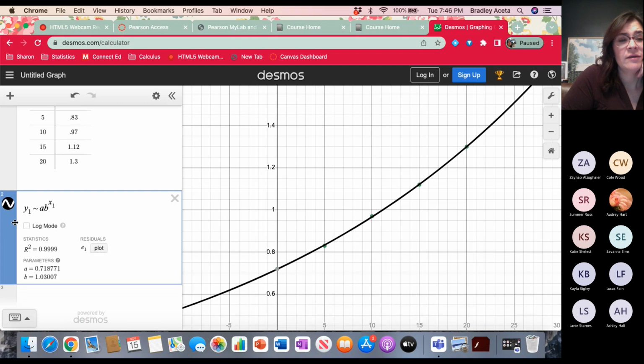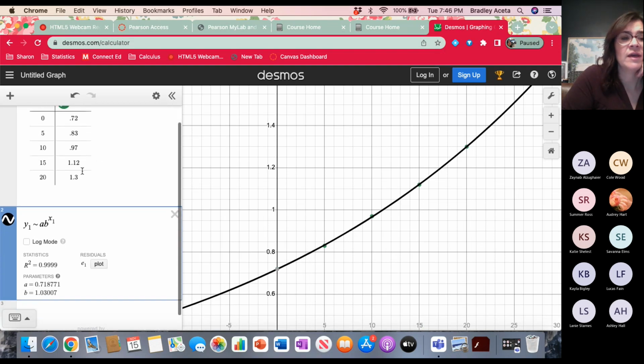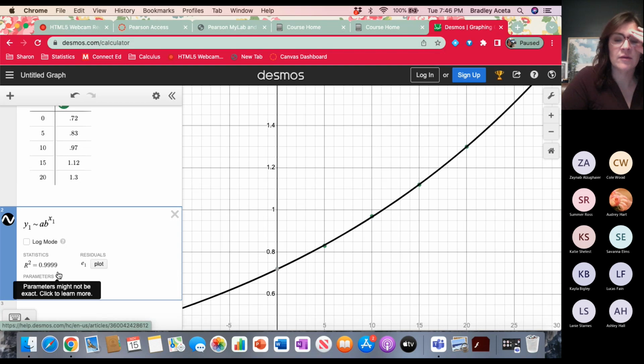And that's how I do my exponential regression. That's how I would type it out. Then they give you your A, your B, and they even give you your R squared, which is 0.999. That's a very nice exponential regression model.